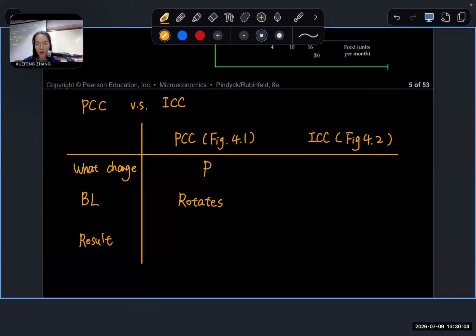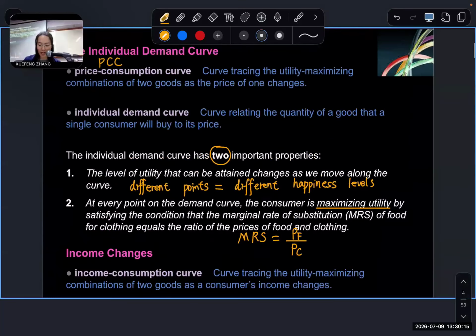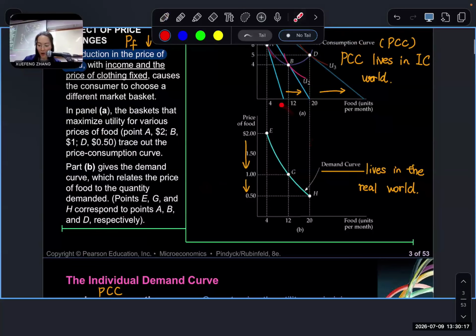The result is a demand curve. We're going to have one demand curve. If the price changes, it's just a movement along the same demand curve, upward or downward, but always on the same demand curve.